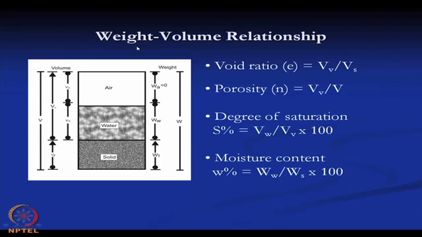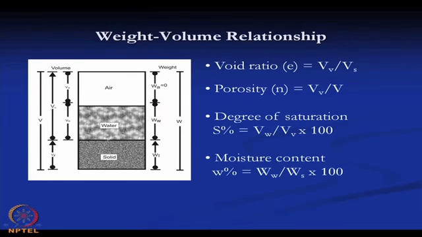Now, next one is the weight volume relationship of the soil. As we know, soil is a three phase system, that is air, water and solid. From this three phase system we can determine different soil properties, and those properties are very important for foundation design. If we consider VA as the volume of the air, VW as the volume of the water and VS as the volume of the solid.